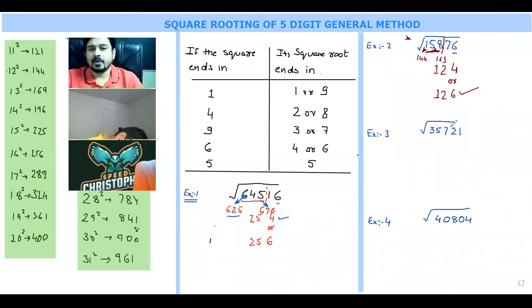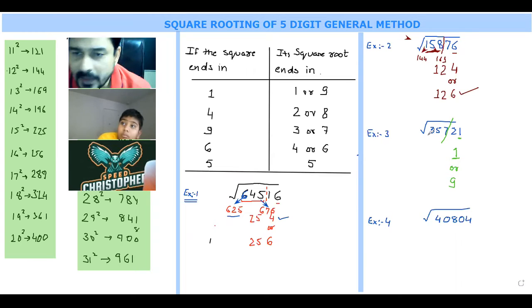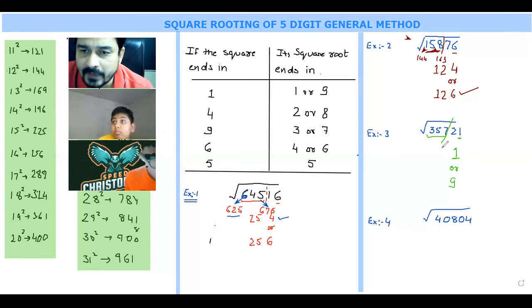Now I will solve another. First step, divide into two parts. Second step, observe the digit at the units place. It's 1. So when the digit at the units place is 1, its square root must end in 1 or 9. Now the next step is to observe the LHS part of the perfect square. It's 357.